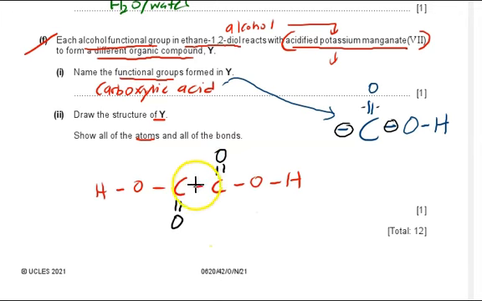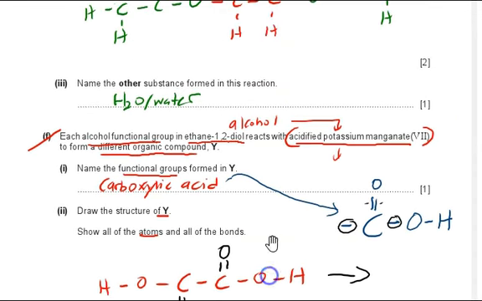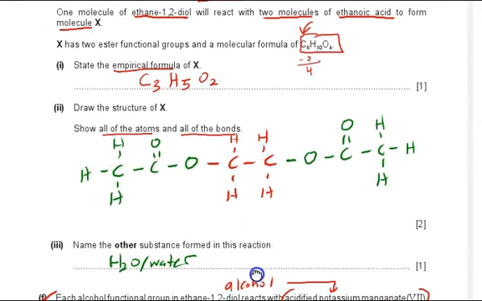Okay, so this is how we can form ethanedioic acid. Basically this is more into an A-levels chapter. I hope you can understand from here.